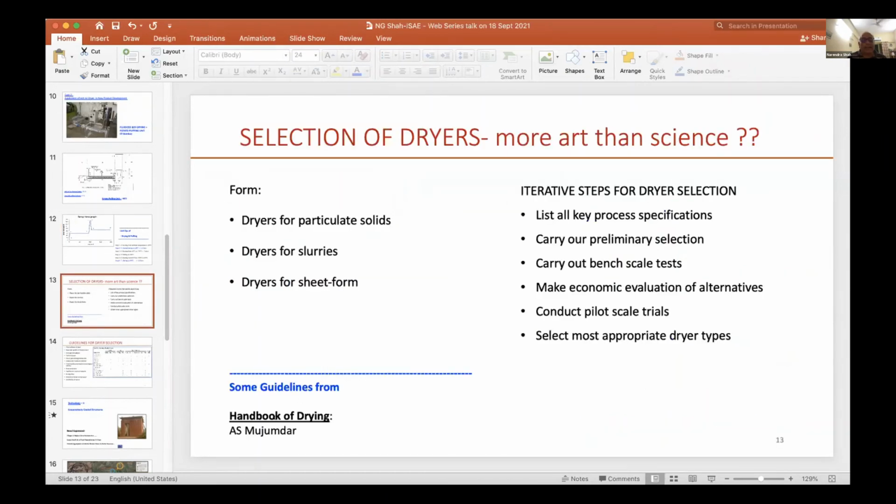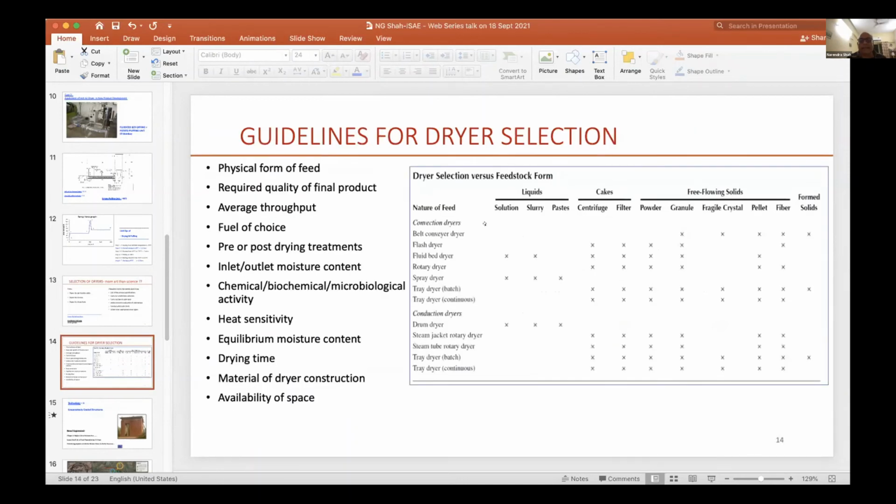I have just taken from A.S. Mujumdar's handbook a selection of dryers, and I'm not going to read through how one goes and selects a type of dryer. So like in our application, we had the fluidized bed dryer, as you can see here, the fourth one, for this potato puffing, because it gives you higher mass and heat transfer, because you want to come from 85% to 15% moisture, and at the same time use minimum electricity.